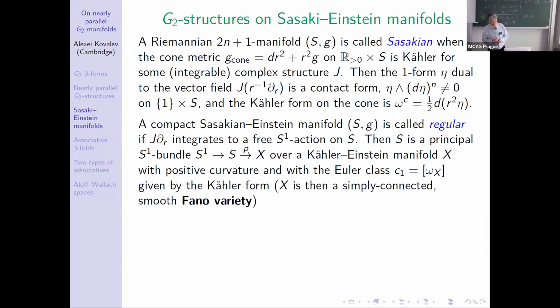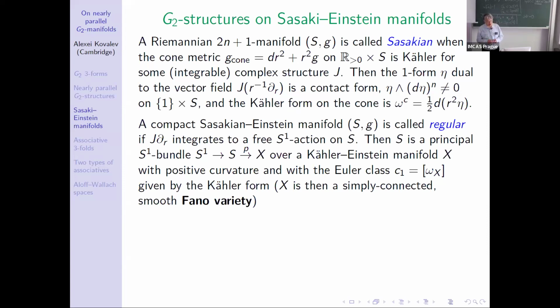So this X, one can prove, is Kähler Einstein with positive curvature. And moreover, this first Chern class or Euler class can be given by the Kähler form. So in other words, it's almost a definition of a Fano variety.